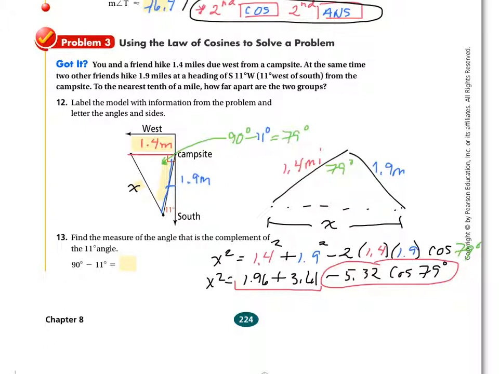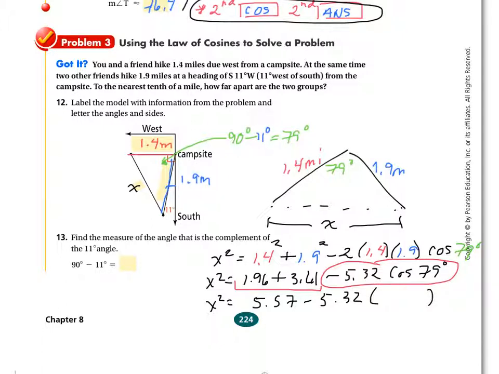What is 1.96 plus 3.61? So you get 5.57 minus the 5.32 times this cosine of 79.